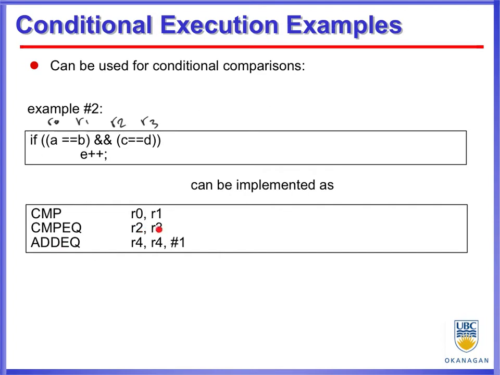So if this one resulted in a Z bit being set equal to 1, which means yes, R2 minus R3 is equal to 0, which means they're equal, then it's going to do this addition, and it's going to add 1 to E, which is R4. Okay? So our code starts being a lot more efficient, a lot shorter, using these conditional suffixes at the end. Okay? Any questions about these 3 lines?